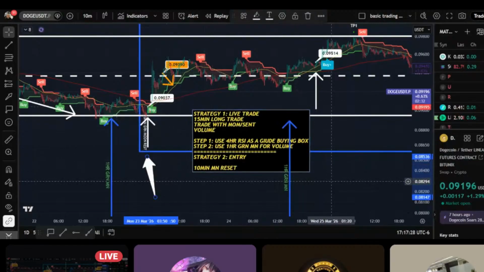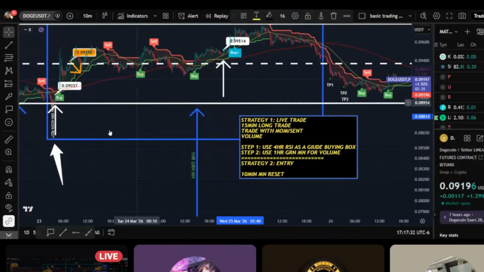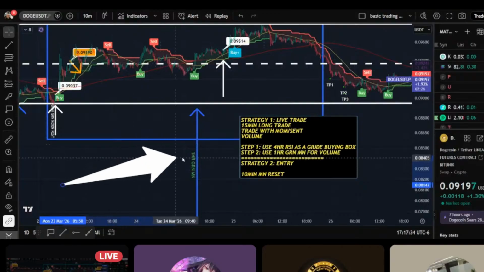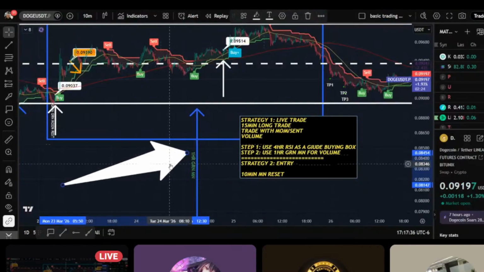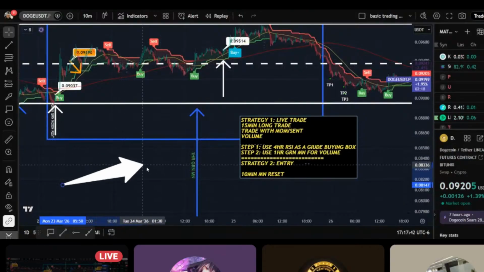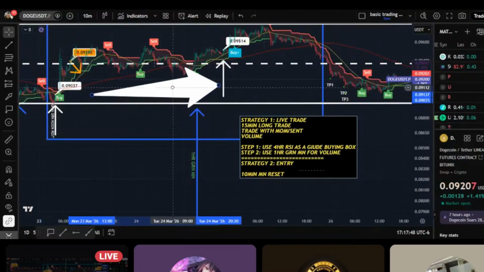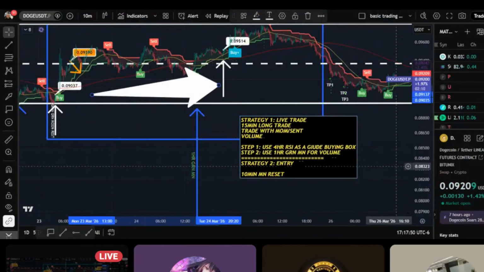Right. Okay. Moving on, once that trade closes out or does whatever it does, the next entry happens again. There already is the 4-hour buying box. Boom. The next step is the 1-hour green moon. Boom. Once that happens, then we move to our entry strategy, which is the 10-minute moon reset.